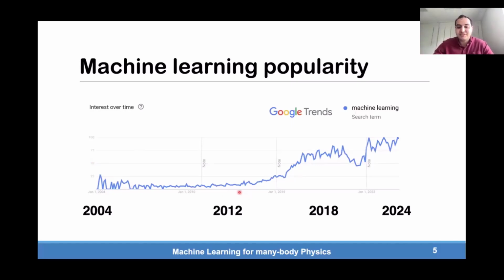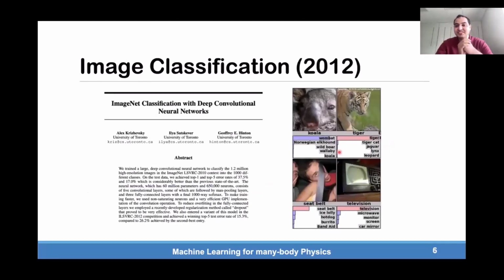In particular, around 2012, you see a consistent increase over the years. One reason behind that is related to an interesting breakthrough that happened in 2012 related to image classification using machine learning.